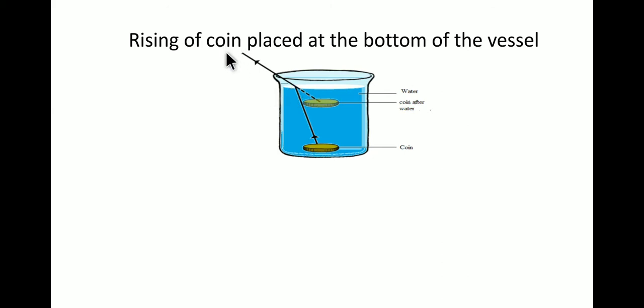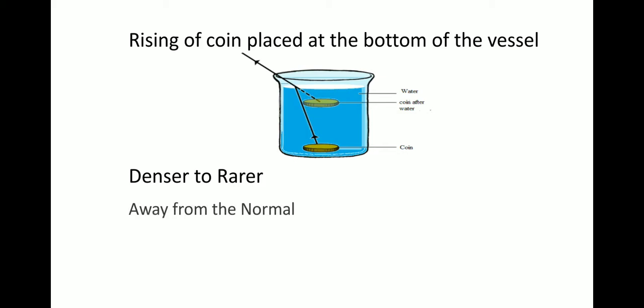And when the observer from this point looks at the coin, it appears to be raised, because simply the light is traveling from denser to rarer and it is moving away from the normal. Hence the coin appears raised from its actual depth.